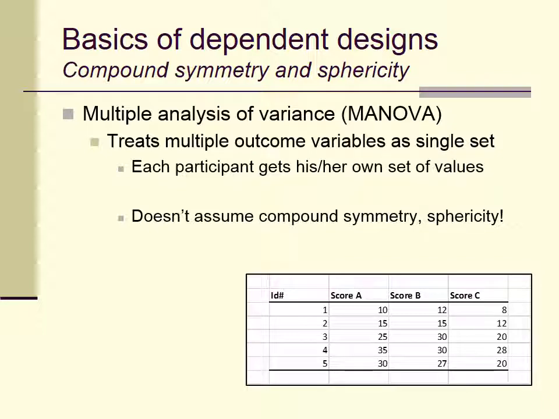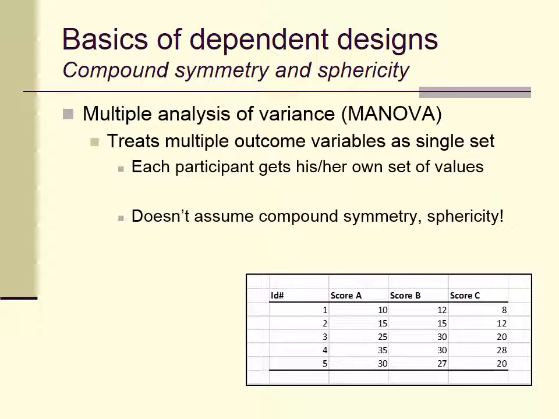In a sense, each participant gets his or her own set of values. So rather than trying to predict one score per person, we're trying to use a model that predicts a set of scores, or I think technically a vector, an array that has 3 or 4 or 5 elements. So rather than each person having one and only one outcome variable, now each person has 3 or 4 or 5 or however many you have.